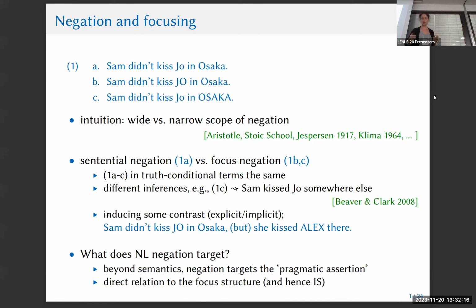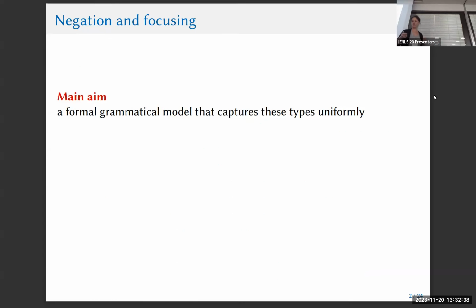What that means will be clear later. There is something to do here with information structure and the focus structure, and we all agree upon that. But how to capture that, and how to capture this relation between negation and the focus structure? It is also claimed in theoretical works a lot that negation is tied to the focus structure of the sentence.